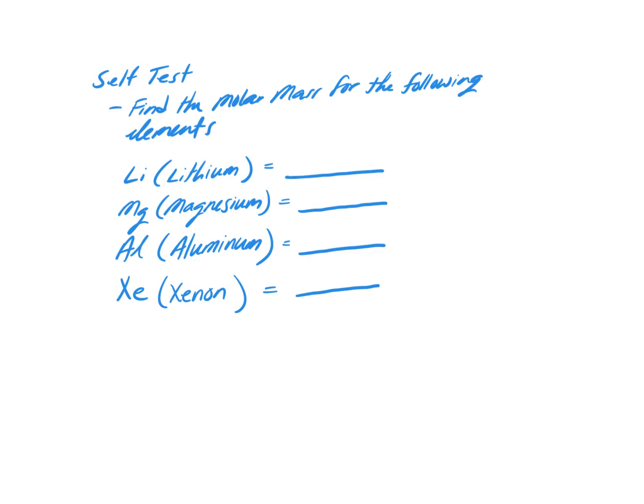See if you can find lithium, magnesium, aluminum, and xenon on the periodic table, and write in your notes or somewhere what the molar mass is. Then I'm going to give you the molar mass, and you can match your answer against my answer. Remember, write your molar masses to the tenths place. Stop the video now and really work through this on your own. And then you can go to the worksheet. I'll write down the answers in a minute.